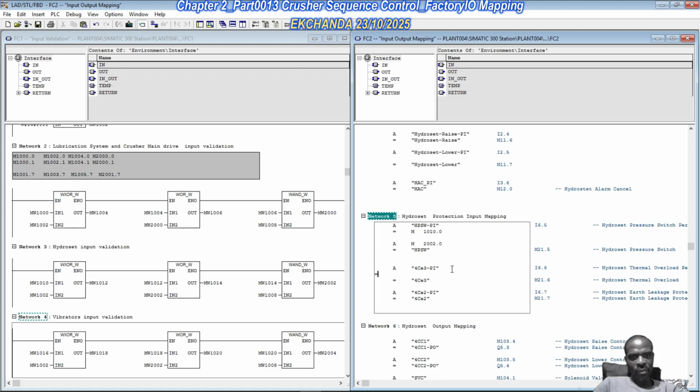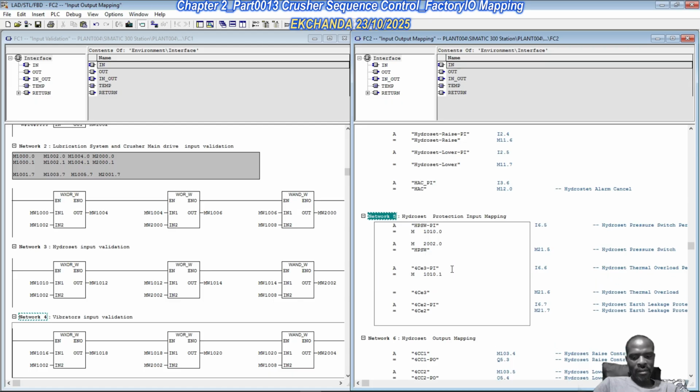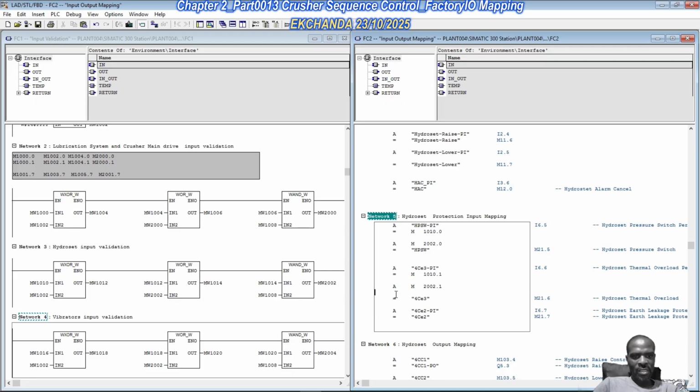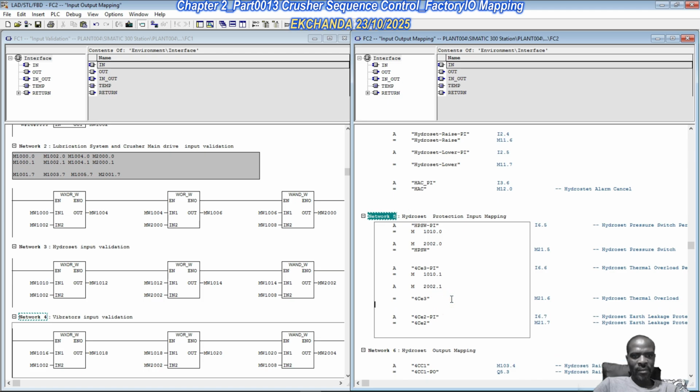Of course we move on and do the same thing for the second input, which is going to be passed to memory bit 1010.1, and then memory bit 2002.1 will pass its signal state to 4CE3.